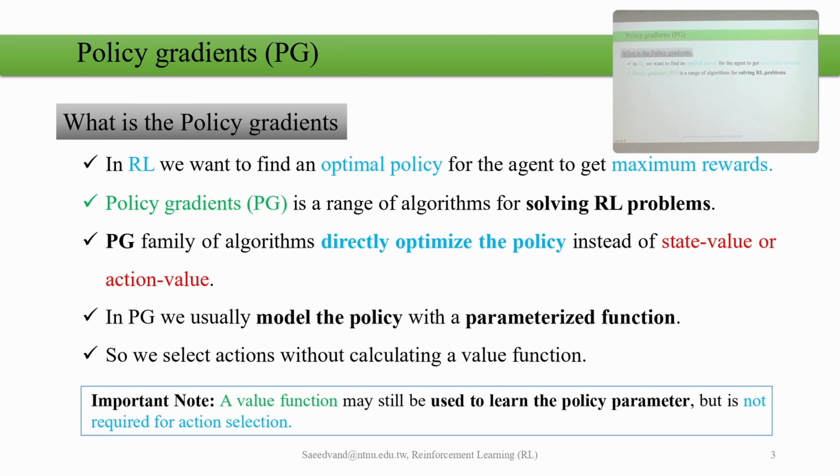So now, in policy gradient techniques, we also want to solve the same reinforcement learning problem. But here, instead of working with a value function, we want to directly optimize the policy. What does it mean? It means that we don't want to calculate the value anymore.